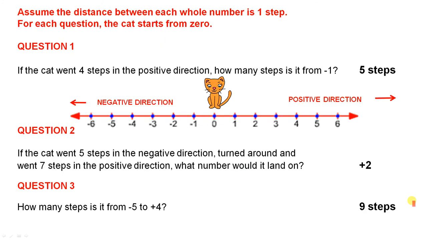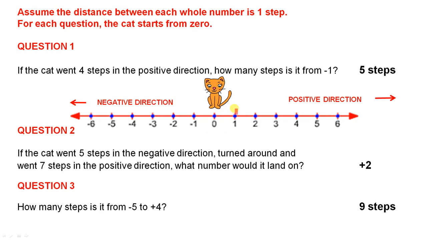Assume the distance between each whole number is 1 step. For each question, the cat starts from 0. Question 1. If the cat went 4 steps in the positive direction, how many steps is it from -1? So imagine the cat was able to go 1 step at a time.